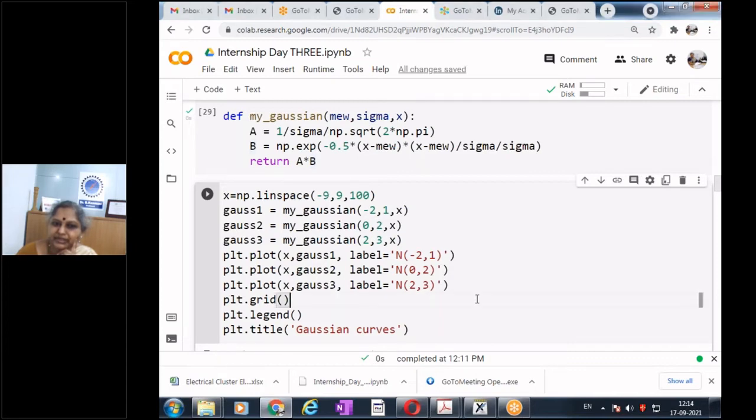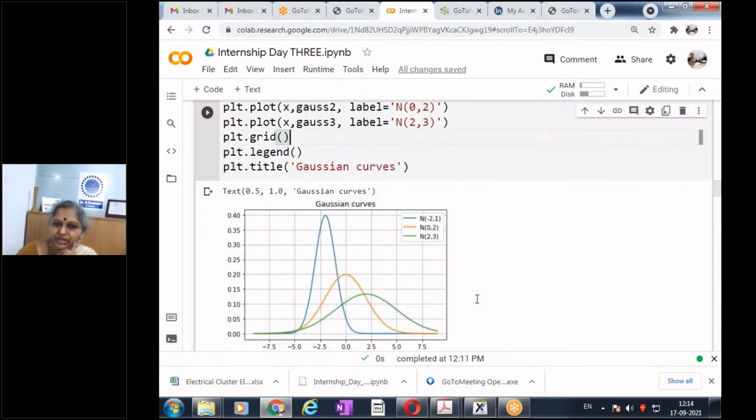When we run it, this is what we get. The first Gaussian curve has mean -2 and sigma 1. The second has 0 mean and sigma 2. The third has a mean of 2 and a standard deviation of 3.